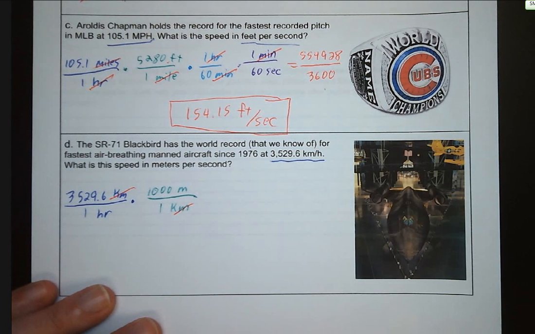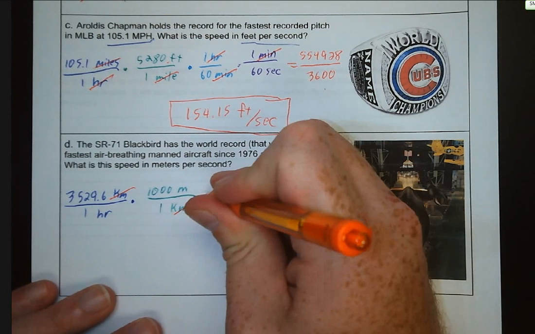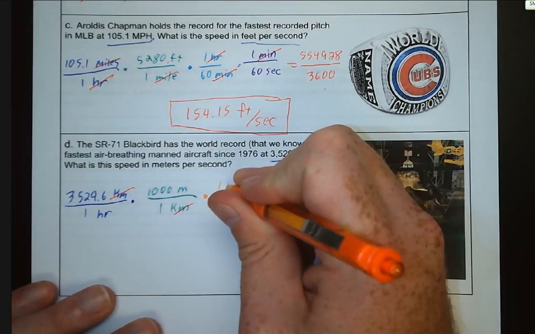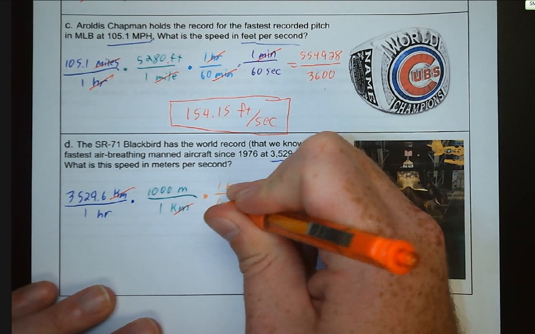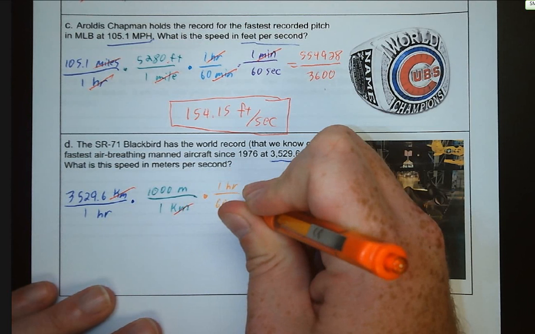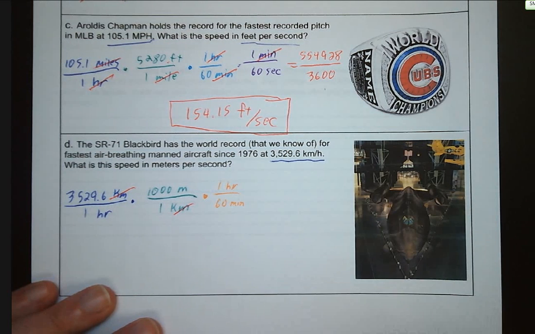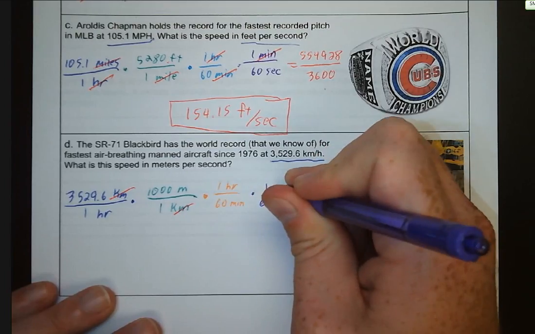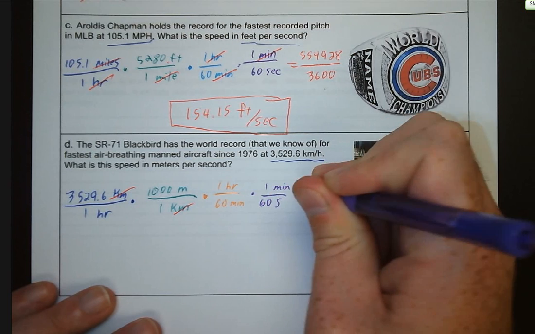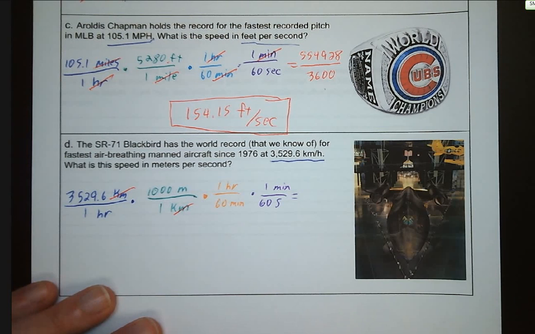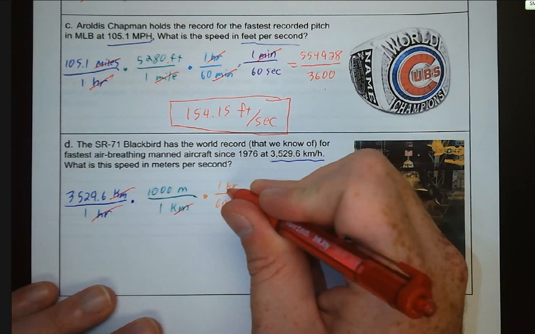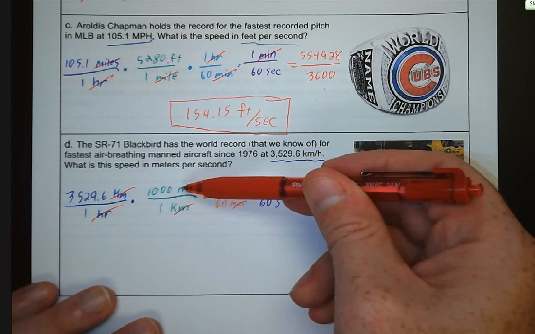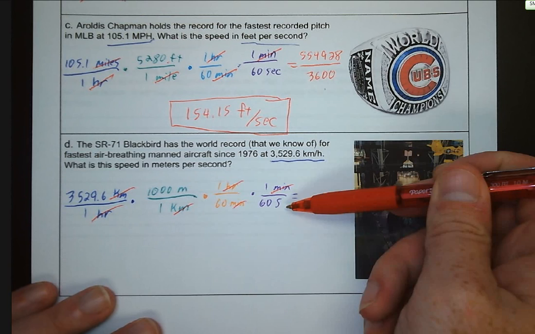Now we just got to get time into seconds. So there are 60 minutes in 1 hour. And there are 60 seconds in 1 minute. Let's check our units again. Hours cancel out. Minutes cancel out. We're left with meters per second.